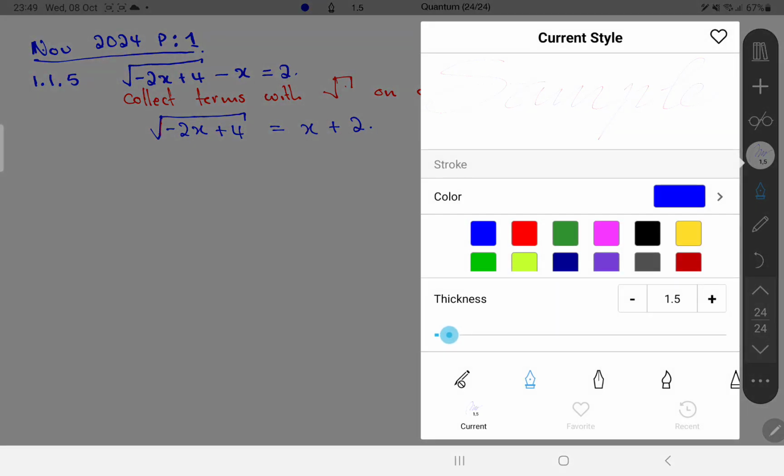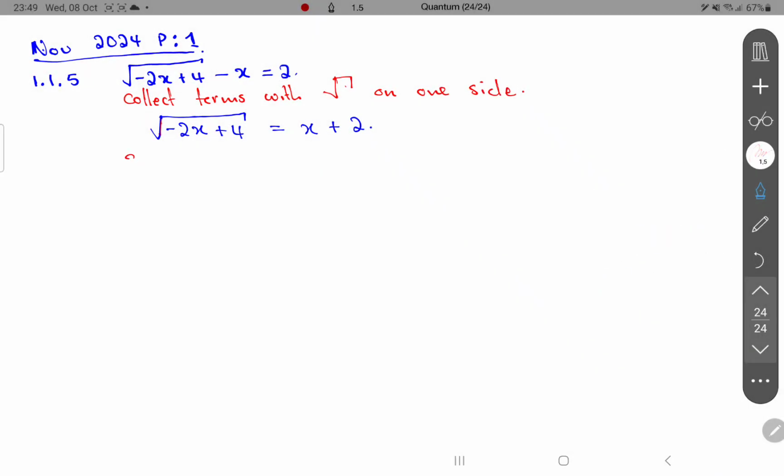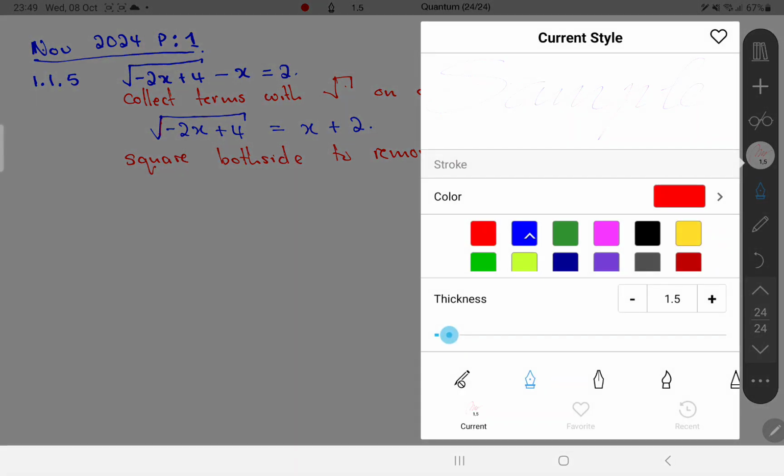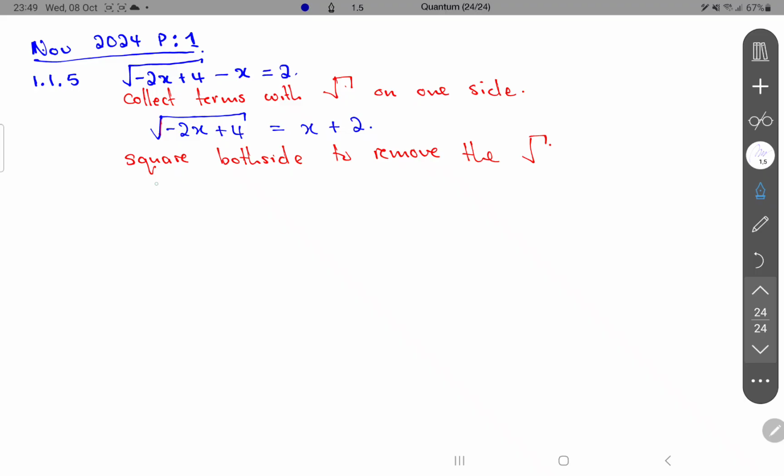Then we square both sides to remove the square root.